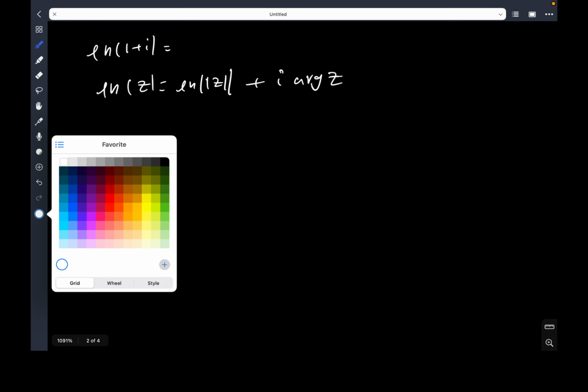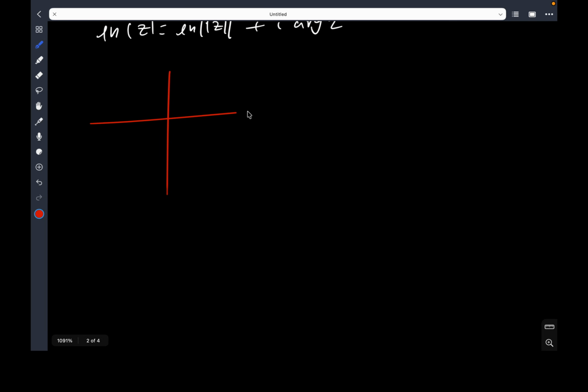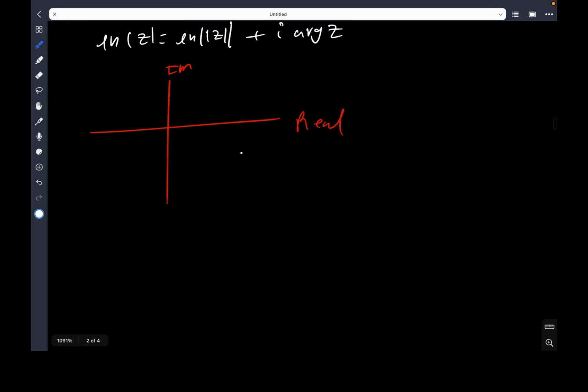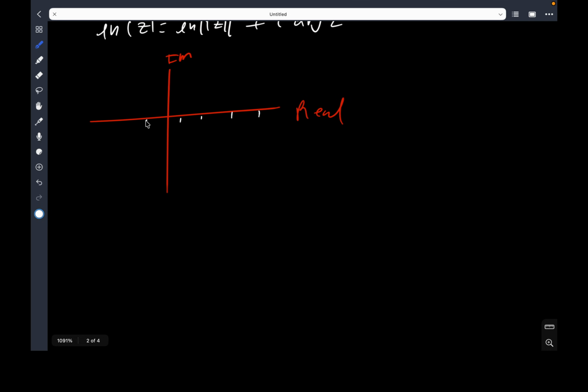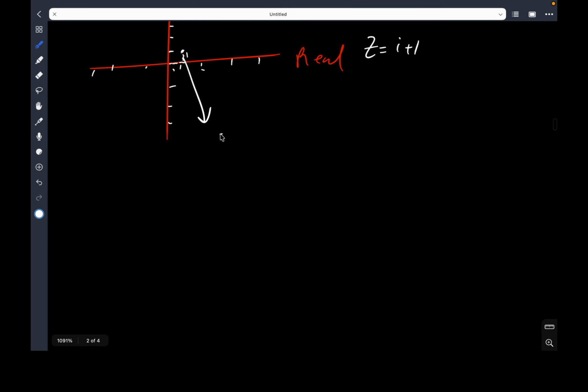So if I switch to the complex plane, with imaginary on this axis and real on this one, to draw the complex number i plus 1, I move 1 unit in the real and 1 unit in the imaginary direction. Thus I'm going to be here, at 1 and 1.